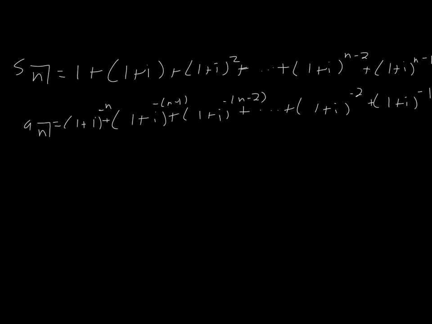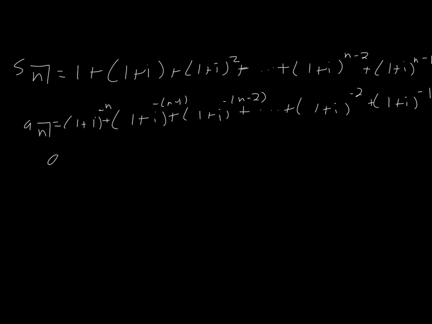Now, I've rewritten things a little bit here, and I'd like to do a term-by-term comparison. One thing you might notice is that I've reversed the order of my A angle n terms, which I've done on purpose so that I can set them up as parallels. If we do a term-by-term comparison, the first term of A angle n is (1 plus i) to the negative n. The first one in S angle n is 1. And then the next one we have should look like (1 plus i) to the negative (n minus 1).